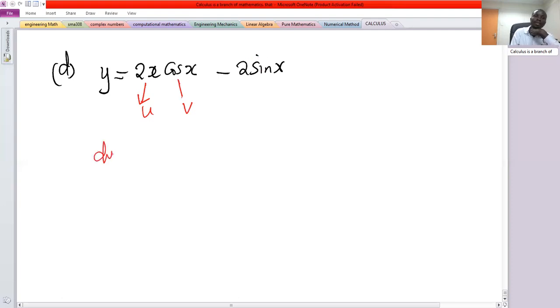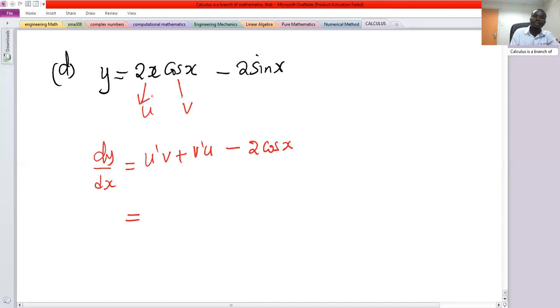So dy dx will be given by u prime v plus v prime u, and then the derivative of this part would be negative 2 cosine of x, which will be u prime.